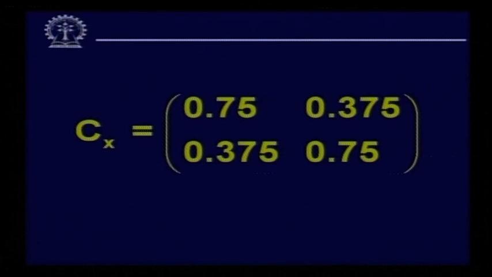Now, once we have this covariance matrix, to find out the KL transformation, we have to find out the eigenvalues of this covariance matrix.